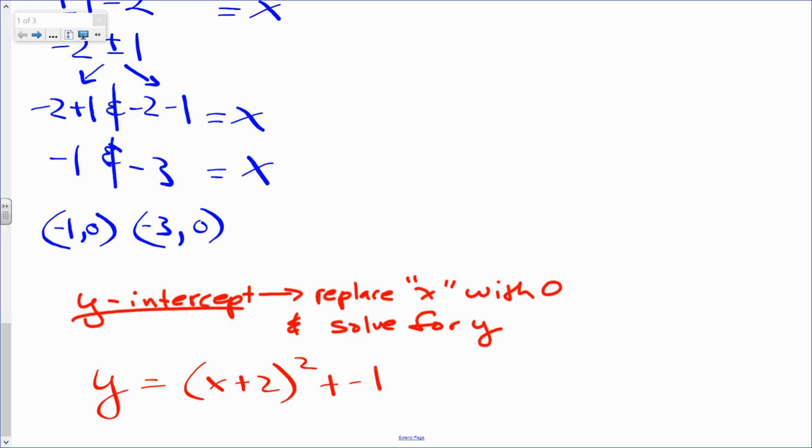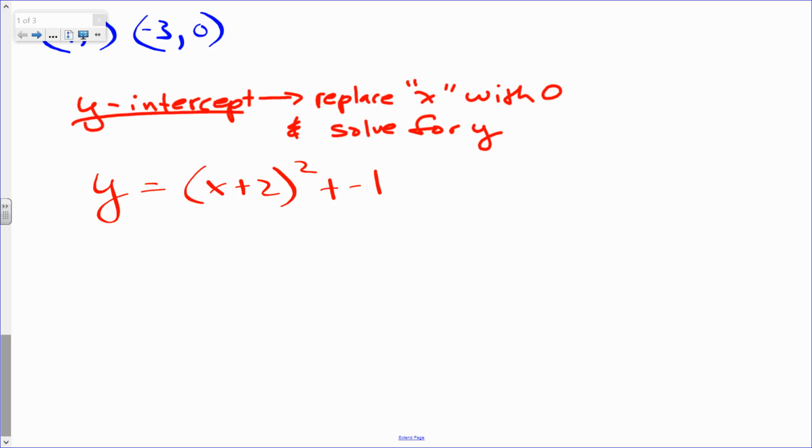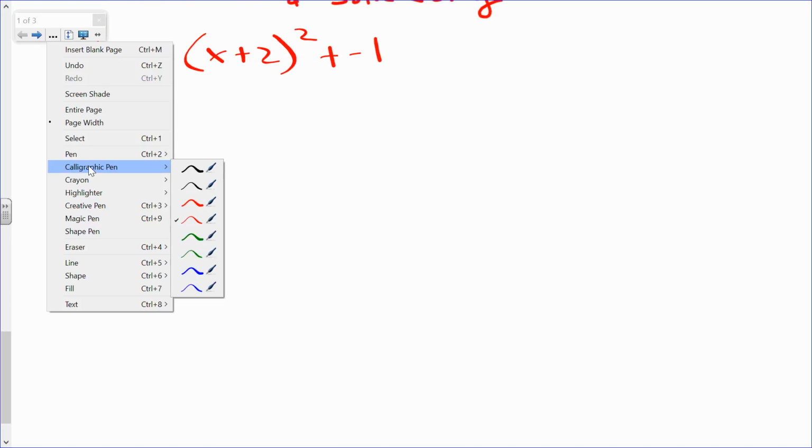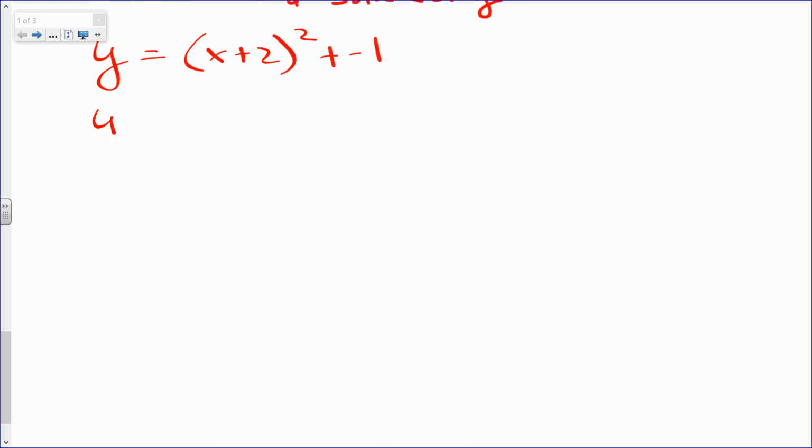So for the y-intercept, we're going to replace x with 0 and solve for y. Let's do it. Here we go. So wherever I see x, I'm going to replace it with 0. Look at this. 0 plus 2 squared plus a negative 1. Okay. I replaced x with 0 now.